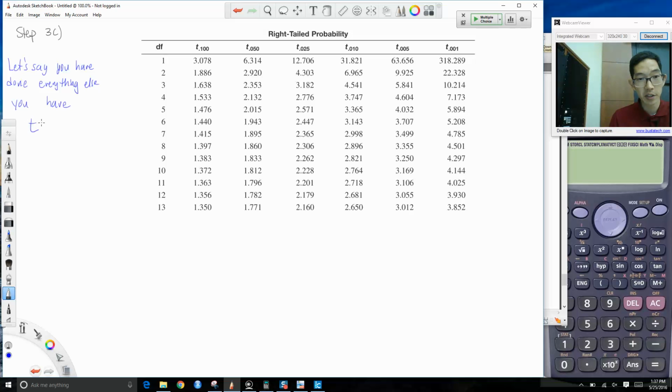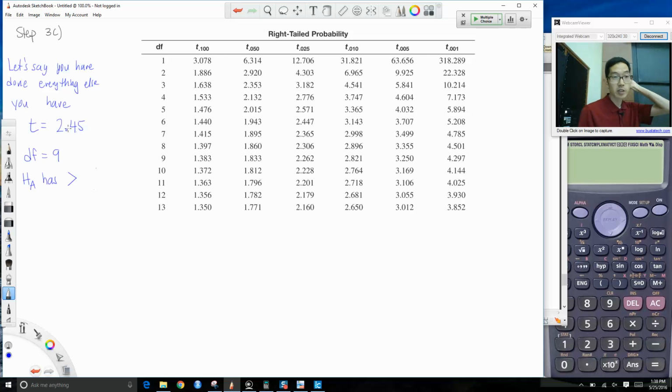Okay, and you have t equal to 2.45. And then your degrees of freedom, which is n minus 1, is equal to 9, and the alternative has a greater than sign, okay? So this is what you need to know.